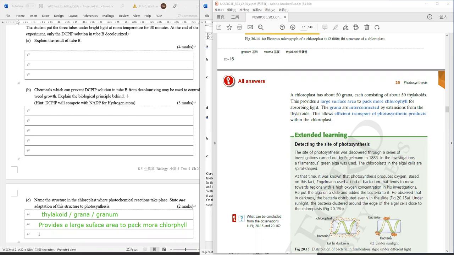Grana means stacks of thylakoids. Grana are interconnected to allow efficient transport of photosynthetic products. Okay, you can write either one.